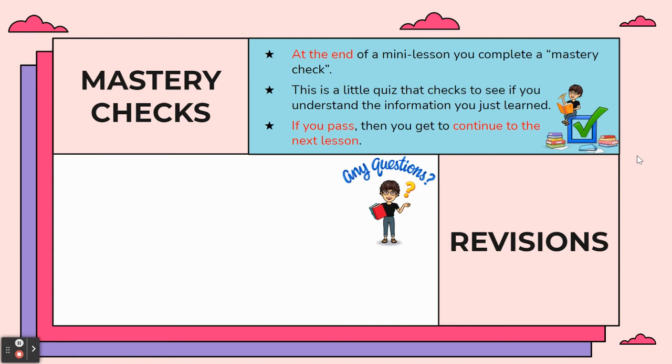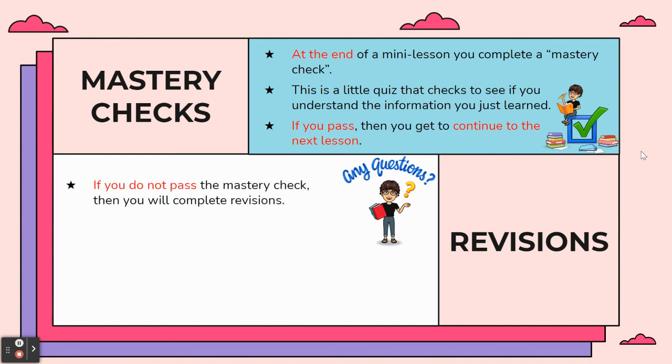If you pass, then you get to continue to the next lesson. And again, as I get to know you more, I'm going to let you know what score you have to get in order to pass. Each student will be different. Some kids 80%, some kids 70%, but we'll get to that as I get to know you more. All right, so go ahead and pause the video and write that down. And then when you're ready, we'll talk about what happens if you don't pass a mastery check.